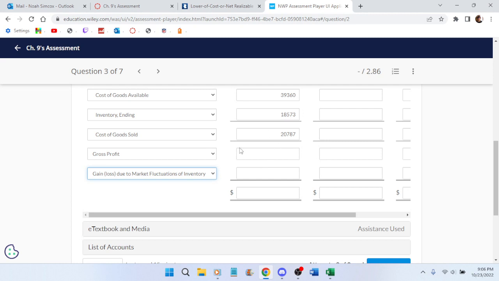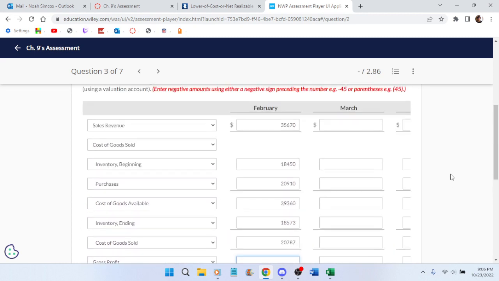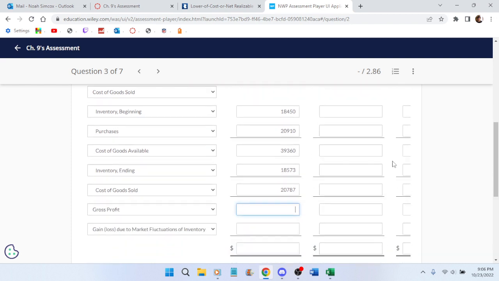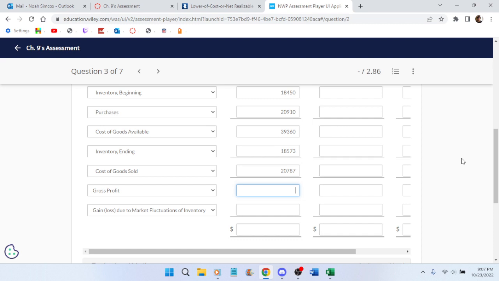Okay, so your gross profit is 35,670 minus 20,787, $14,883.